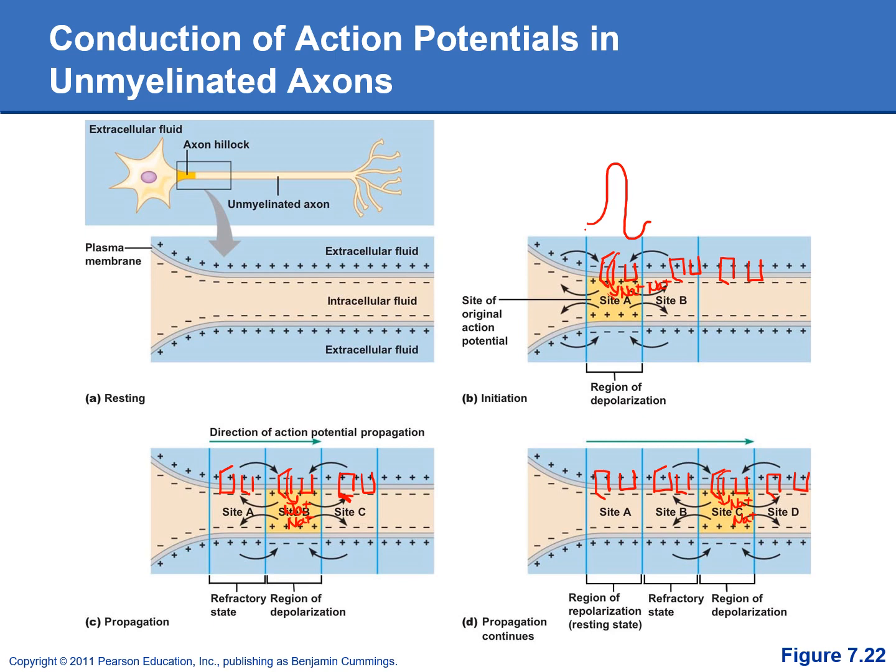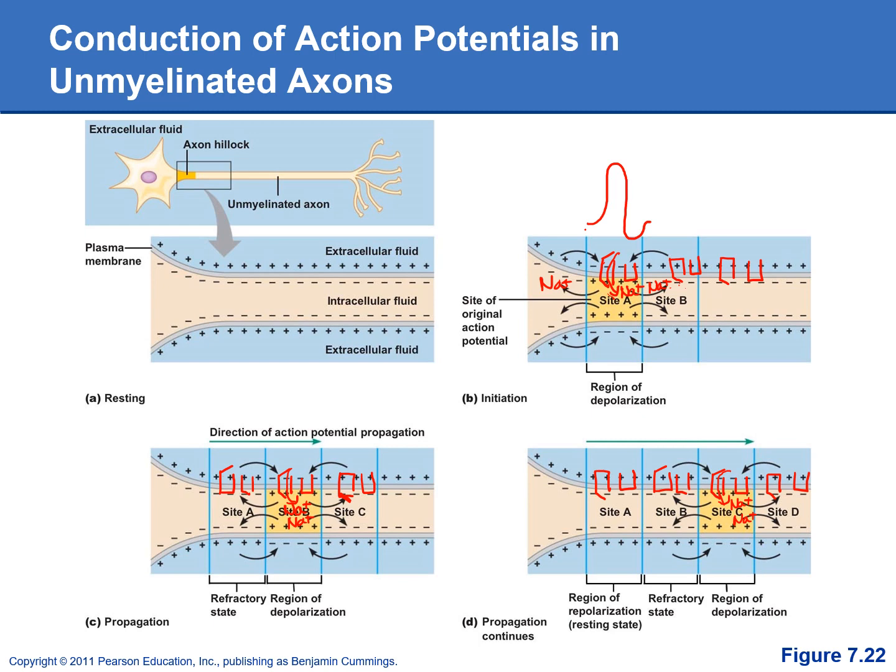Okay, and so these sodium ions that are rushing in are going to flow down to the next portion of the axon, and they also will go backwards as well, so we'll have some going this way too. The sodium ions going to the next portion of the axon will then cause that portion to reach threshold.